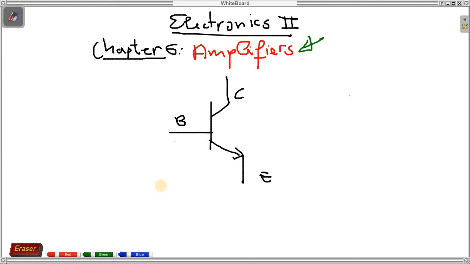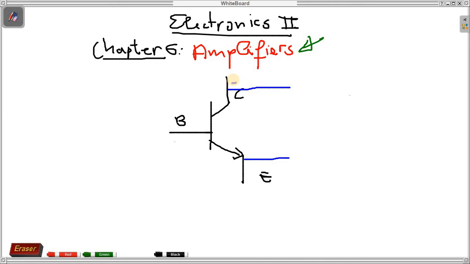Let's see now. I'm going to show you some measurements from this transistor. If you still remember from Electronics 1, we take our multimeter and measure from this side to this side.